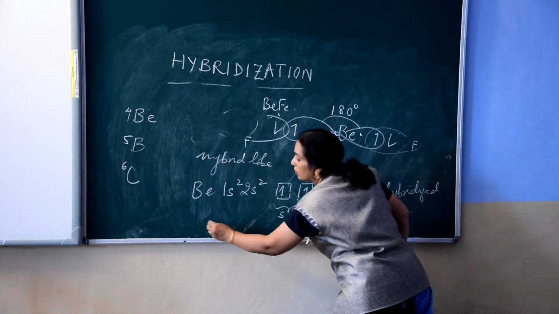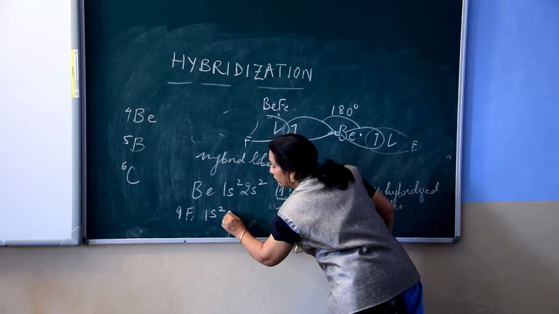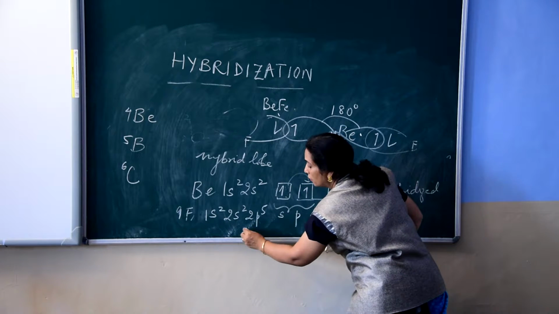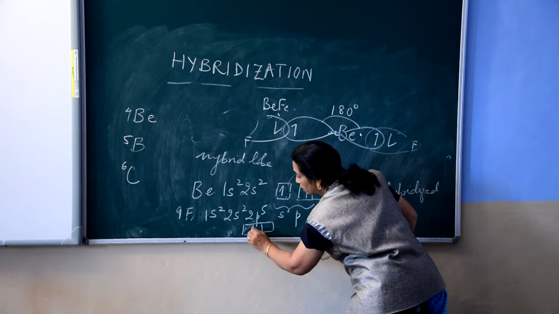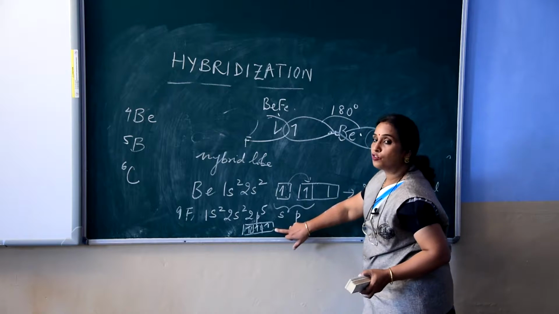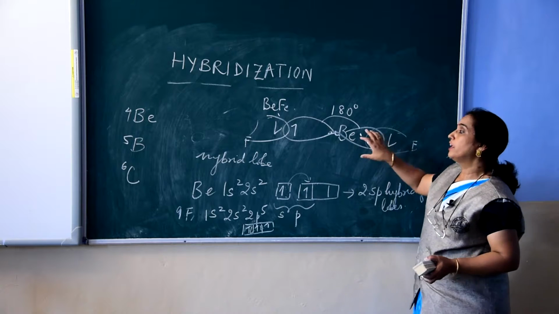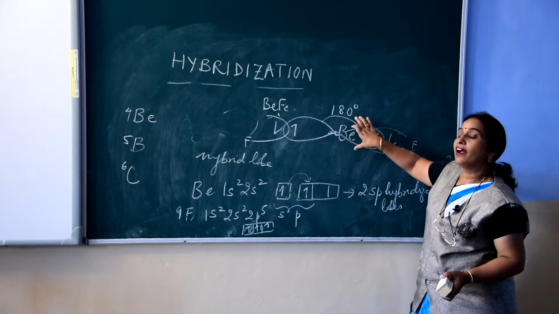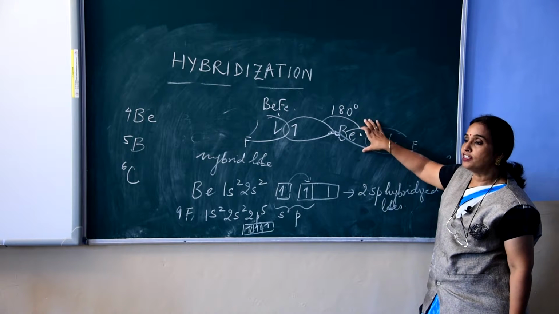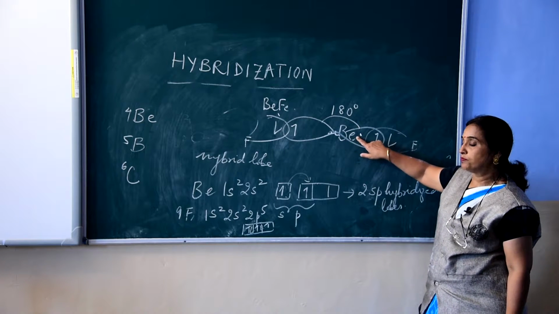Each fluorine, atomic number 9, 1s2, 2s2, 2p5, will have one vacant, one electron in this lobe which does not undergo hybridization. So each of the fluorines will form a 180-degree angle and a linear geometry in case of beryllium fluoride.